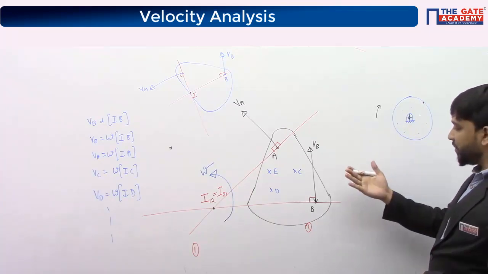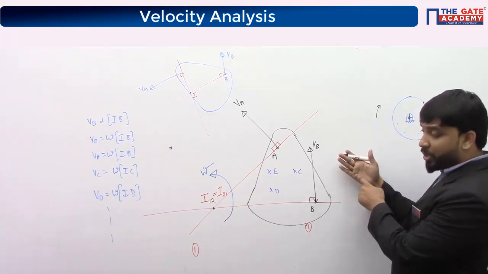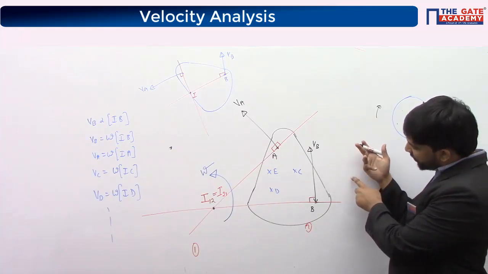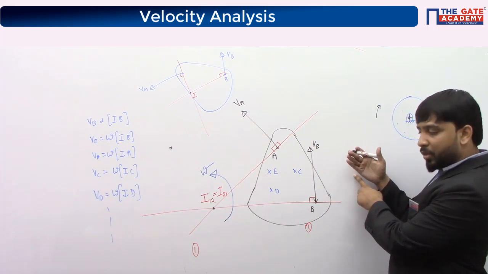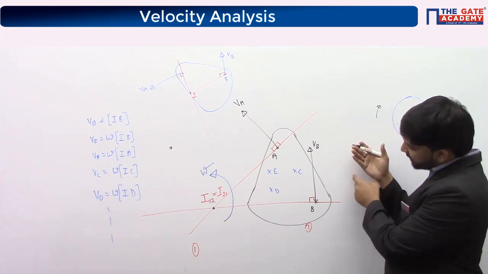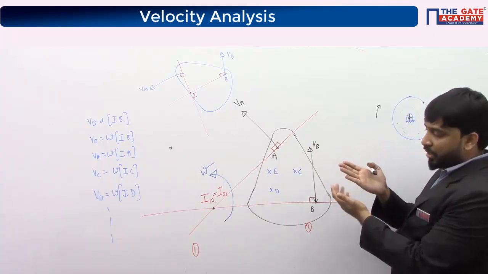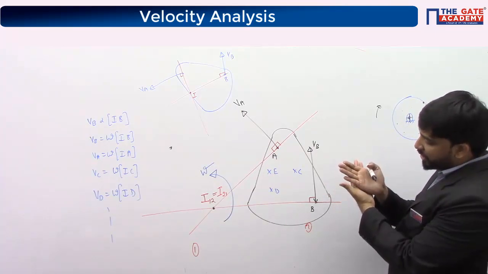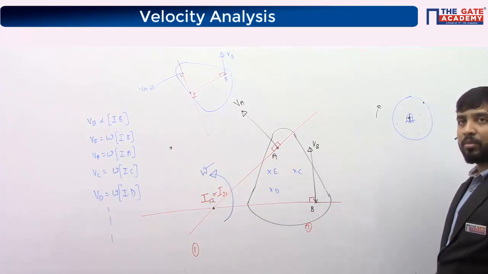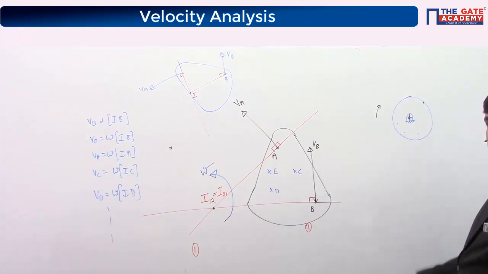Coincident point in the sense, if this is the disk, and this is a point on the disk, just below this point you can imagine one more point on the board. Take any point on body 1, and just behind it you will have one more point on body 2. It's a coincident point, okay?